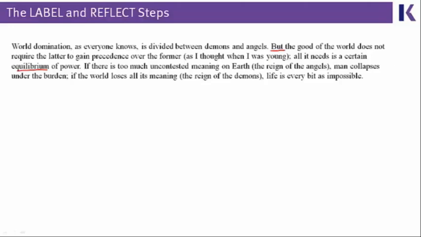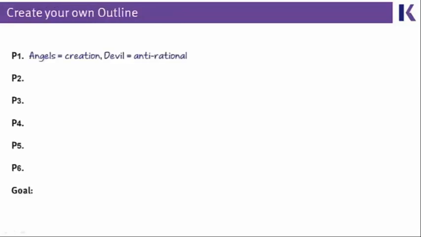So that last sentence says we need equilibrium between the demons and the angels. This is about what you want to write in your outline. You need some kind of balance between angels and the devil or angels and demons. Like I said, this is quite an unusual topic for a passage, but again, it's fairly interesting. So let's keep going on to the third paragraph.